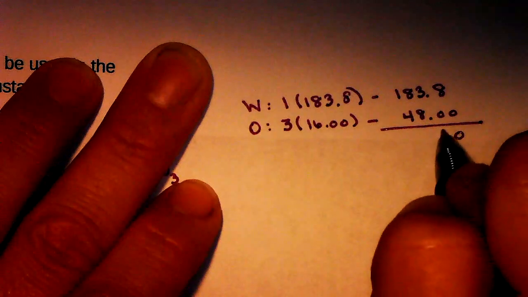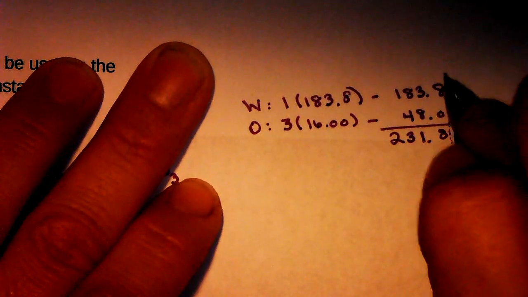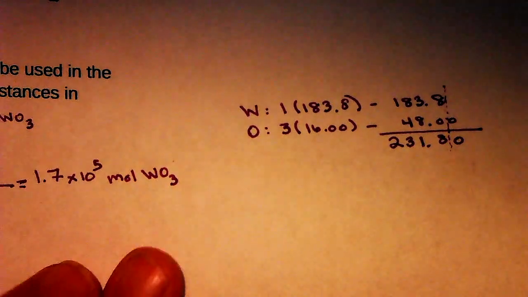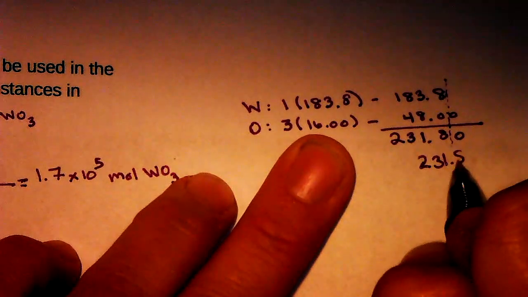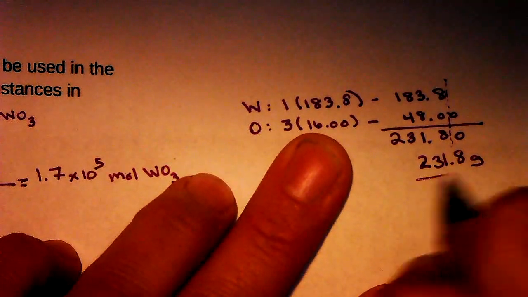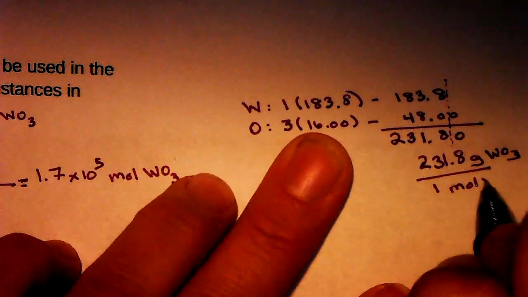When we multiply that out, 183.8 plus 48, we're going to get 231.80. Remember, when we're adding, we chop at the shortest decimal place. So we're just going to have 231.8 there. And remember, that's grams of WO3 per 1 mole of WO3.